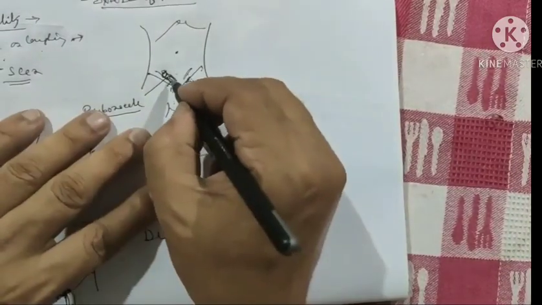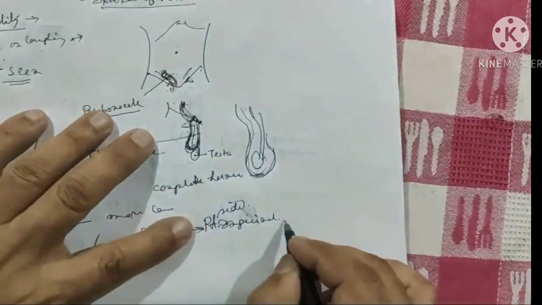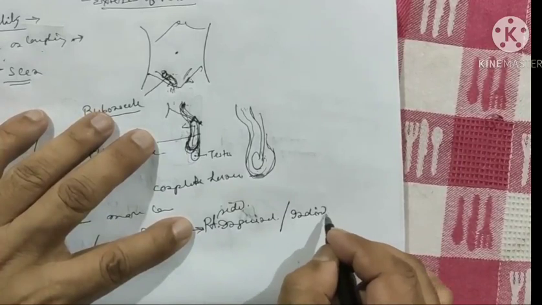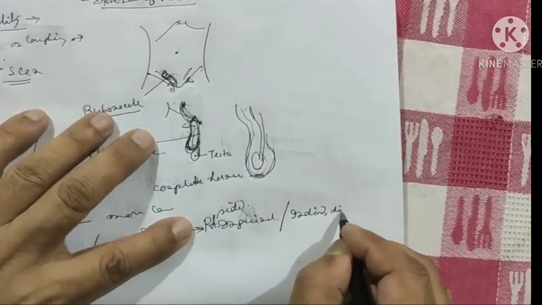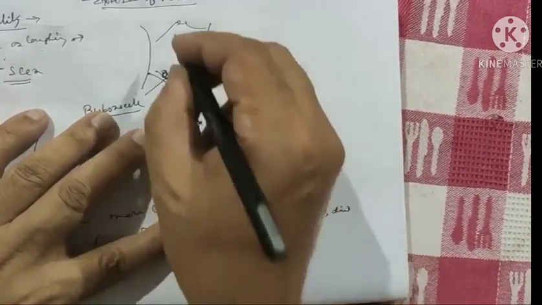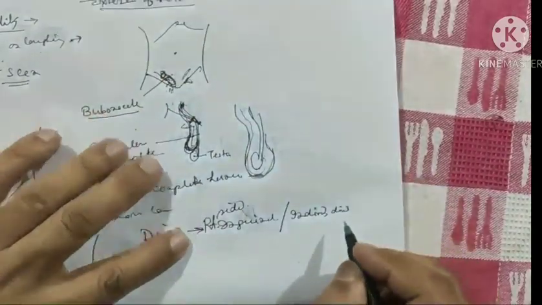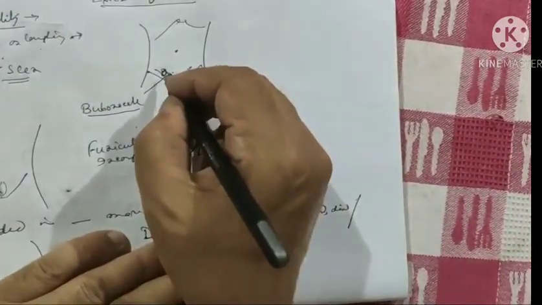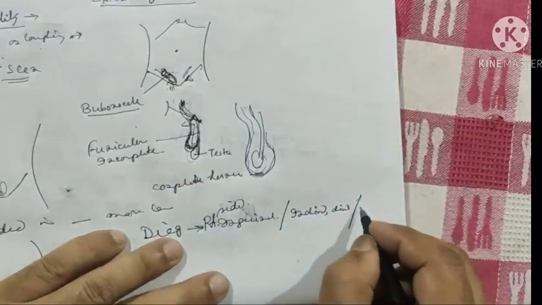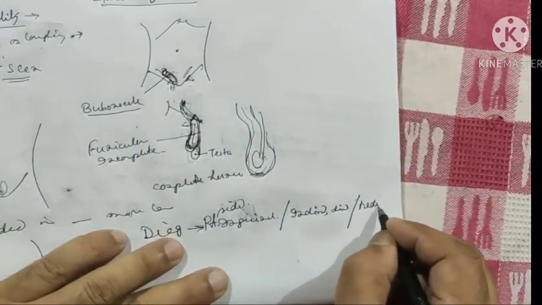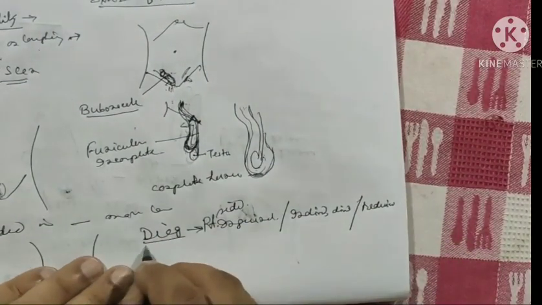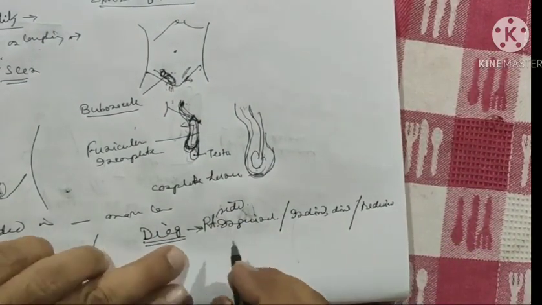And whether it is direct or indirect, you have to write indirect or direct. By doing the deep ring occlusion test, you can confirm it. Then it is reducible or complicated. If it is reducible, you write reducible. So in your diagnosis you have to write all these things.